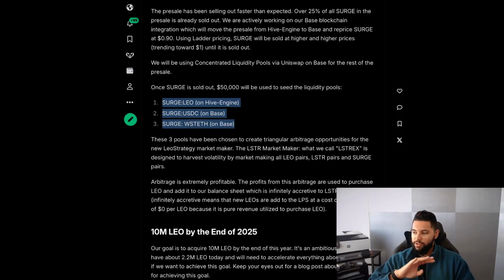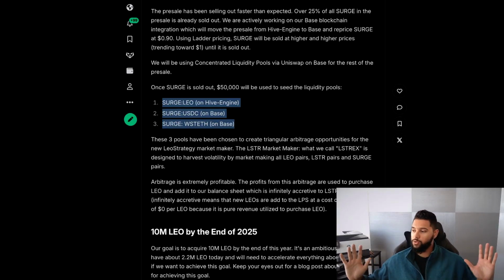So you essentially have these 4 different pairs, and they all have different volatility makeups. As the volatility comes into each of those base pairs, the Surge token trades at different prices on each of those pools. And it creates an arb triangle, which LeoStrategy's market maker can then go out and arbitrage, capturing the different volatility that's out there.